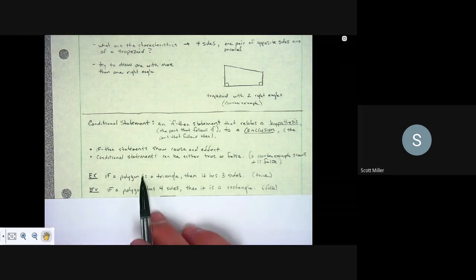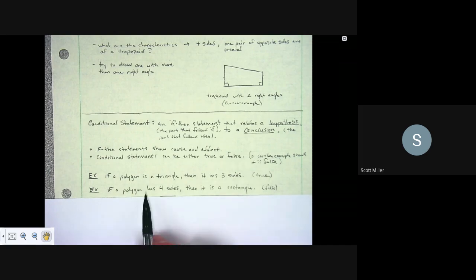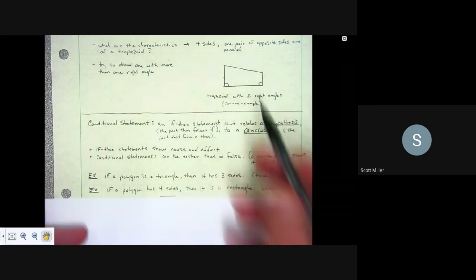This is true. If I have a triangle, I do have indeed 3 sides. There are no triangles that don't have 3 sides. If I have a polygon and it has 4 sides, then it is a rectangle. That is false. So I need a counterexample to prove that it is false. And so you just need to find a 4-sided shape that is not a rectangle. Well, we got one sitting right there.